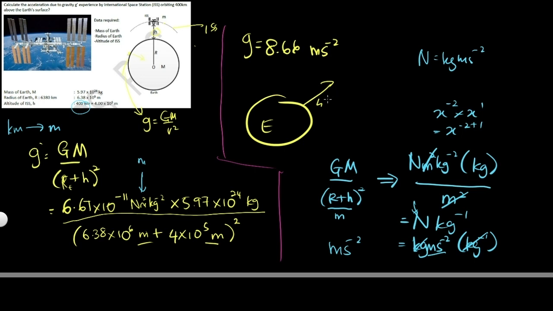If an object is placed at the same height, which is 400 kilometers, it will experience a gravitational acceleration of 8.66 meter per second squared. Okay, that's all for this example, and thank you.